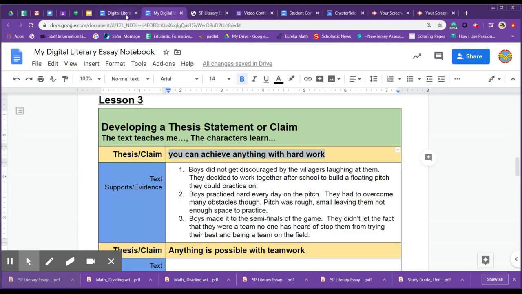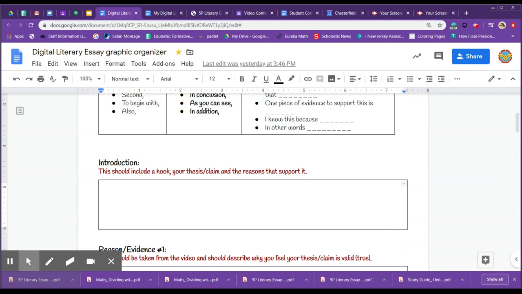I know that I need to have a hook, and I need to state my thesis or claim and possibly the reasons that support it. So I'm going to begin typing here. Let's see. I need a hook.